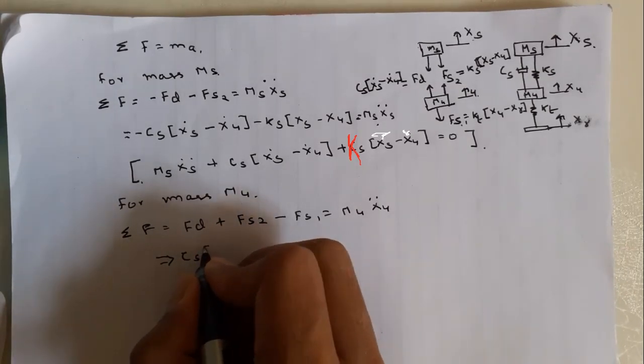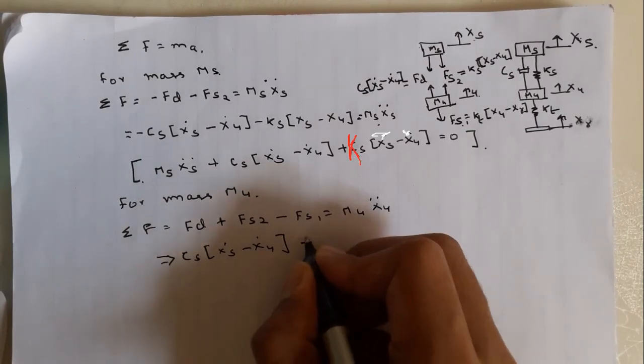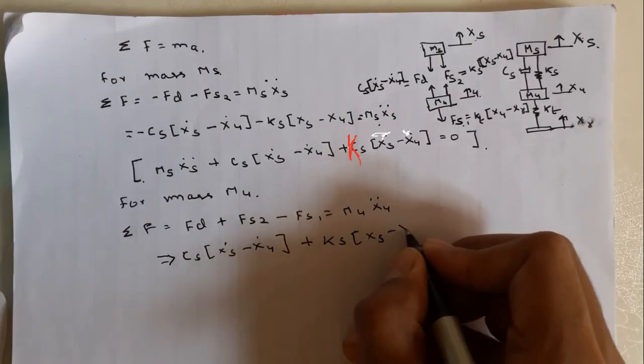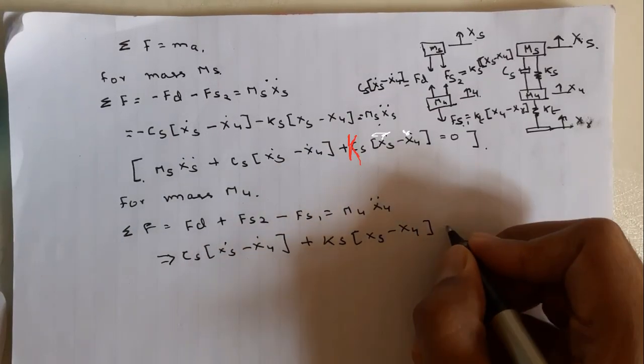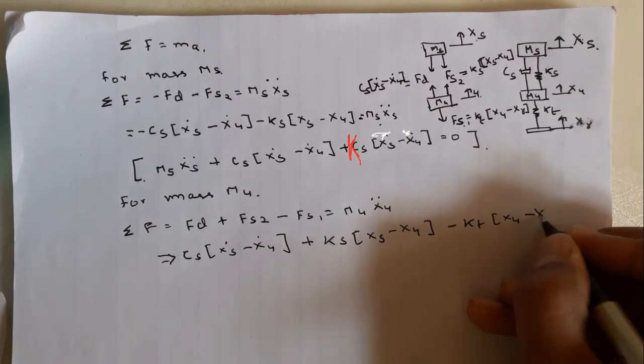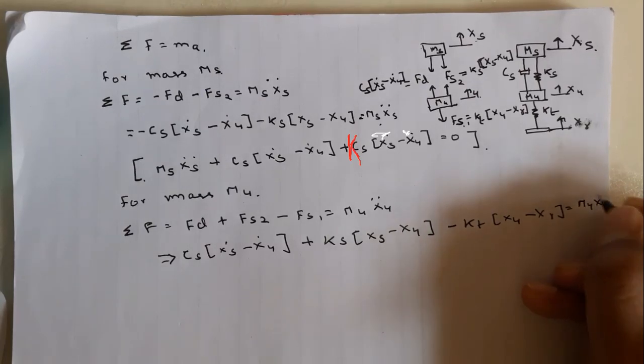Now we will put the values: cs into xs dot minus xu dot, plus ks into xs minus xu, minus of kt into xu minus xr, equals mu xu double dot.